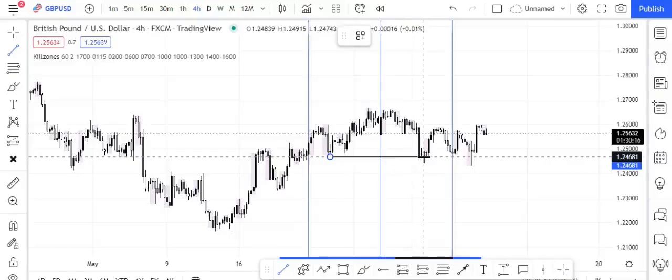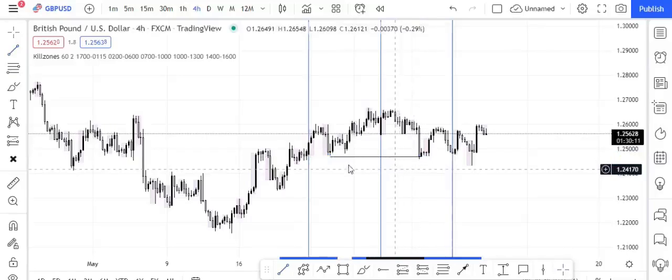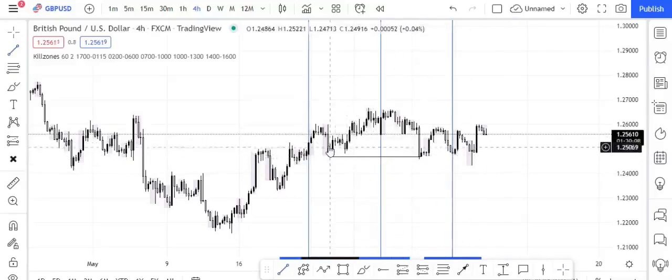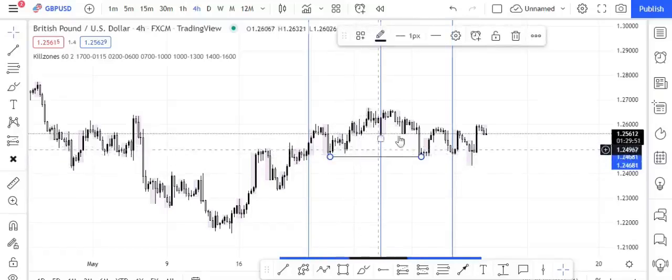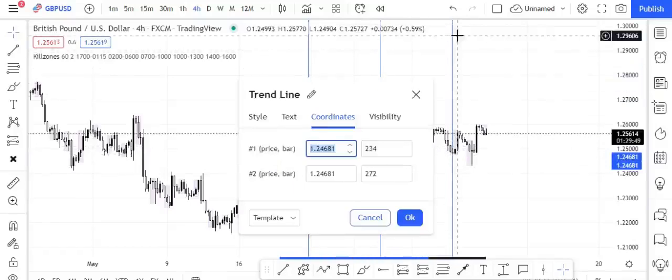This low here is 1.24713. I want it to be correct. 1.24713.